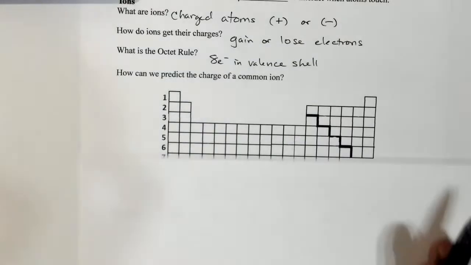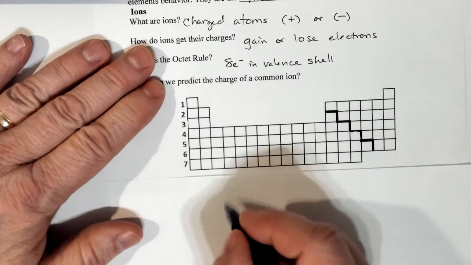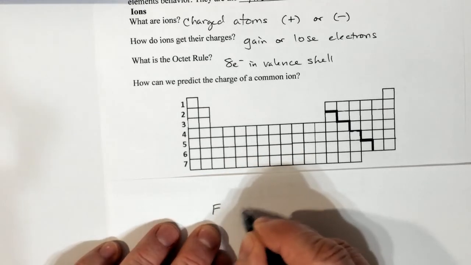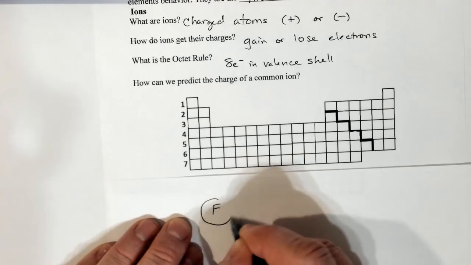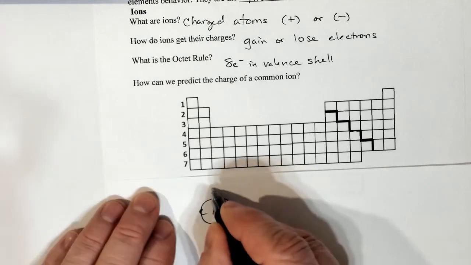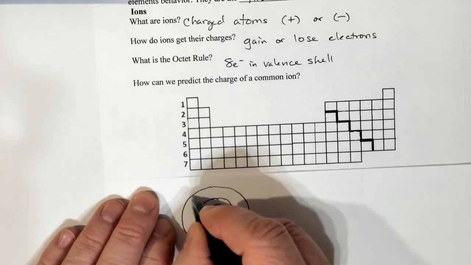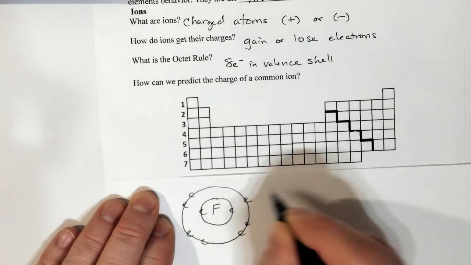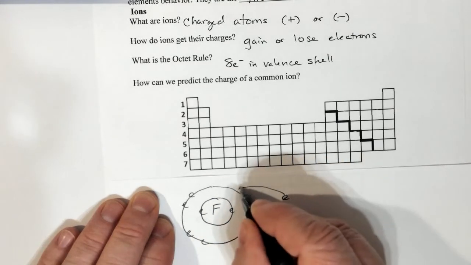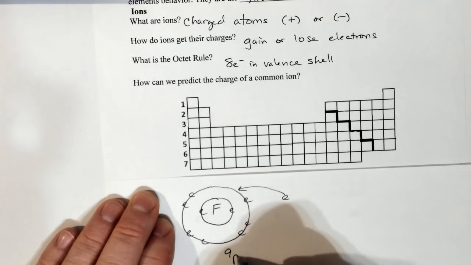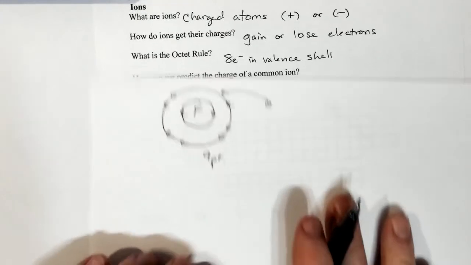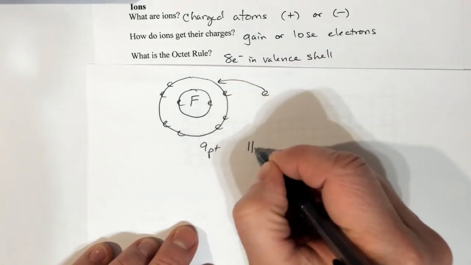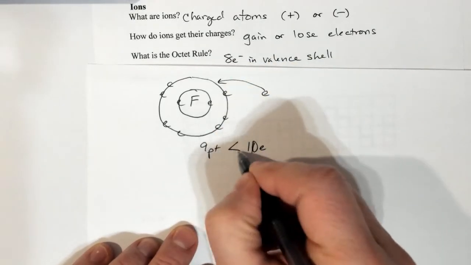Fluorine has the atomic number 9, okay? And so if it has 2 electrons in the first row, and 7 on the next row, so 1, 2, 3, 4, 5, 6, 7, if it takes on another electron, it's going to have 9 protons because that's its atomic number, and 10 electrons, so the electrons will be greater.